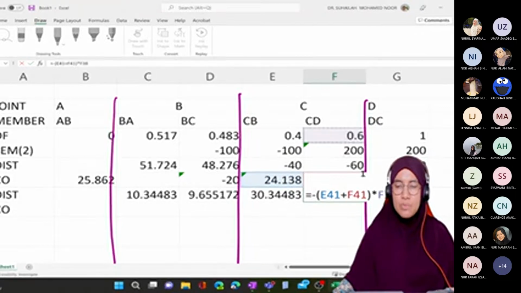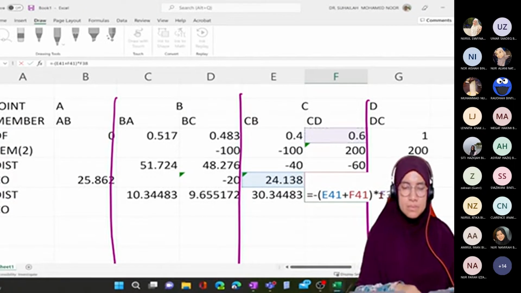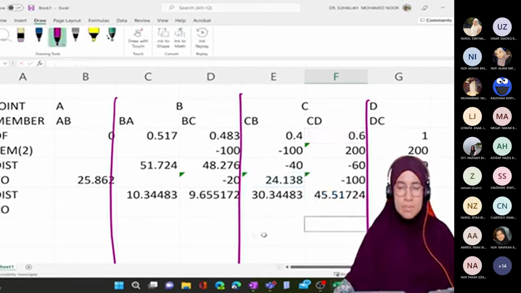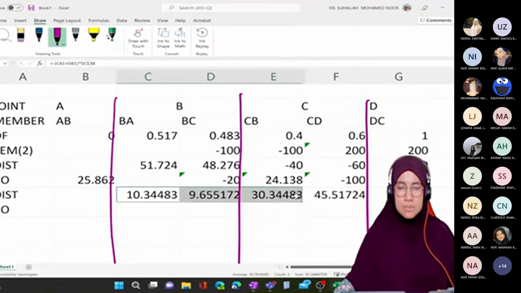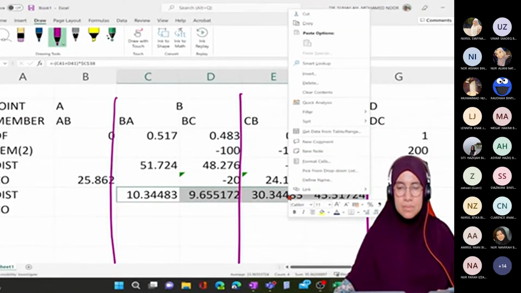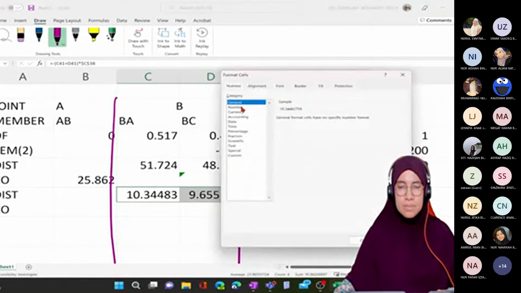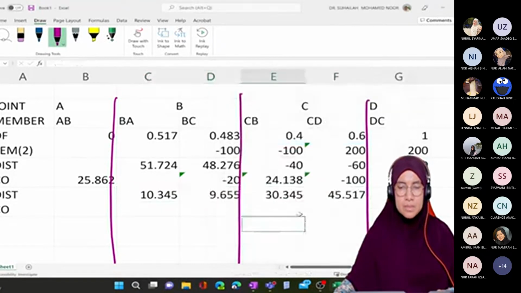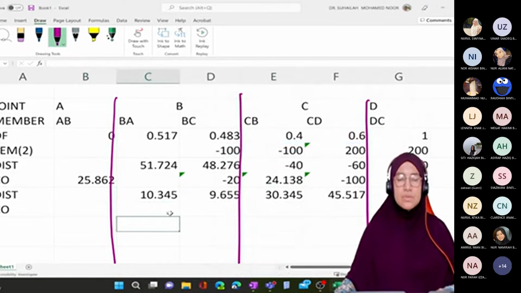This factor is 0.6. Three decimal places. Okay.